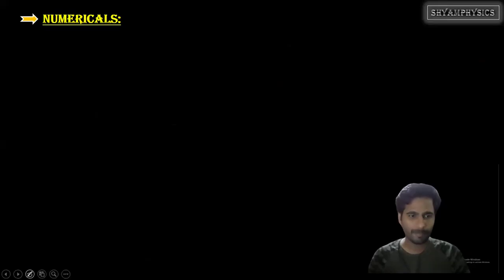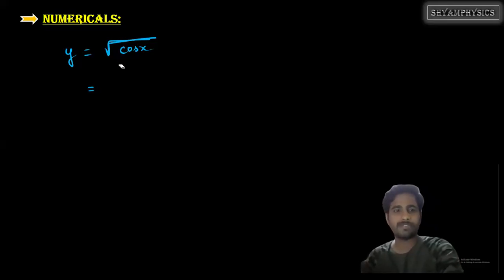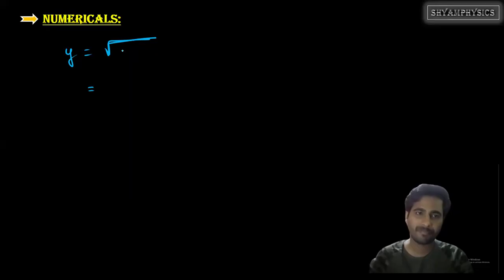We'll do one more question. We'll solve it fast. Now y is equal to root of cos x. Not cos x, it is very simple. We'll go with a higher one than that, for example, cosecant x.